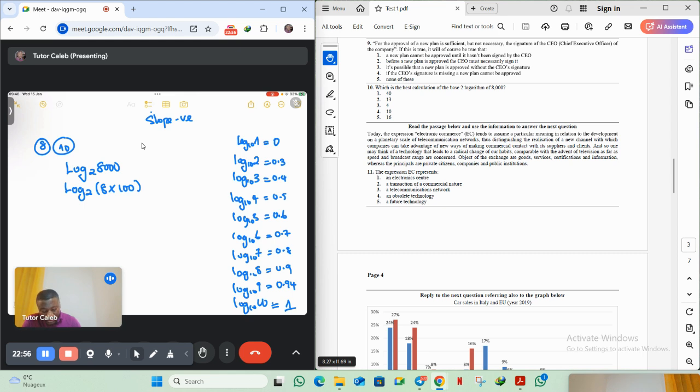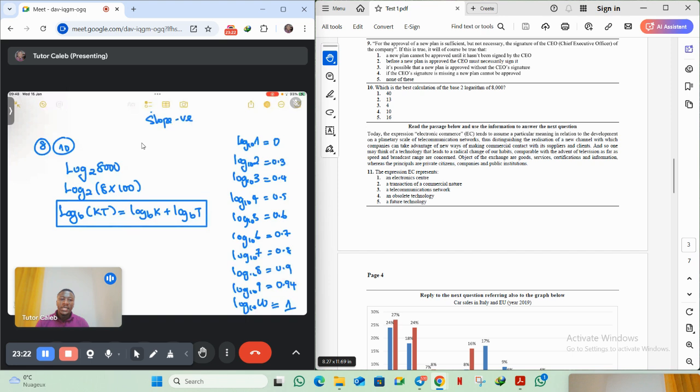The product law says that the logarithm to base b of k times t is the same as the logarithm to base b of k plus the logarithm to base b of t. This is one of the laws of logarithms.